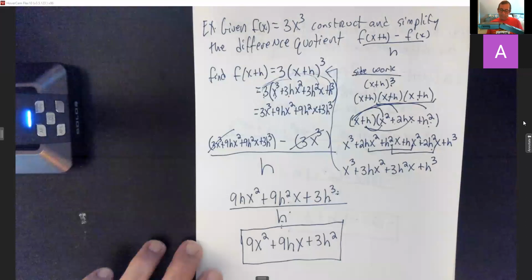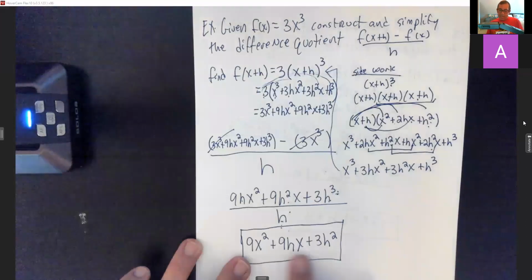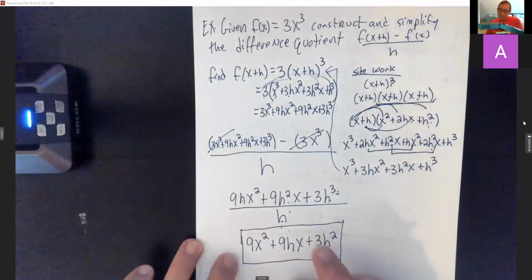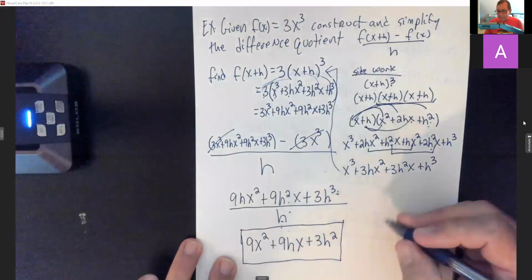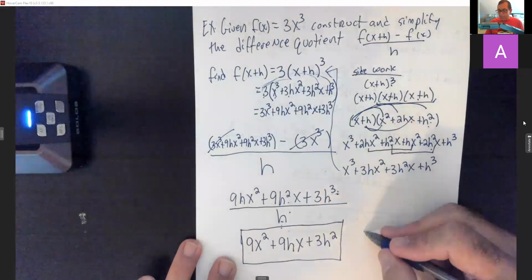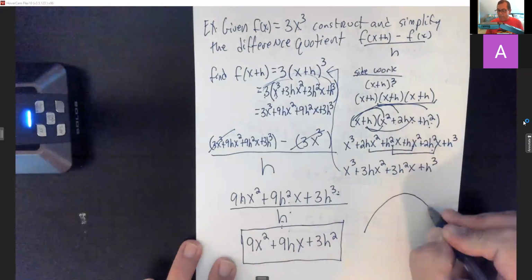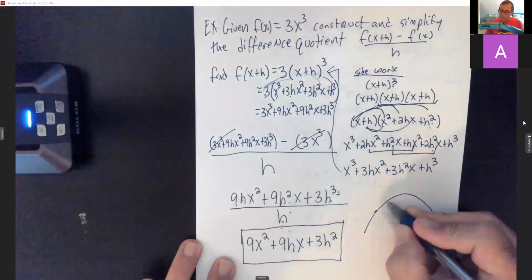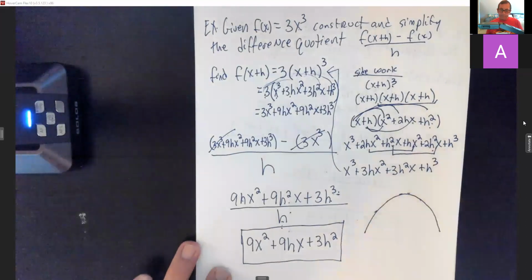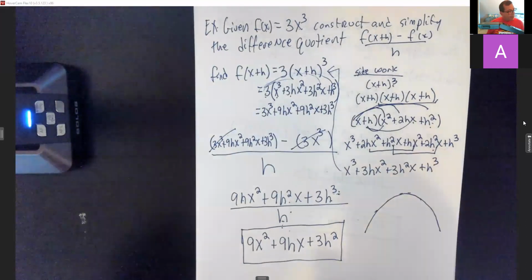So for these points, when they've got x's left in them, it depends where those x values are to find the slopes, okay? Because those curvy lines, notice some sides go up, some sides go down. So they're looking at the slopes at each one of these little x points on here, and that'll determine it.